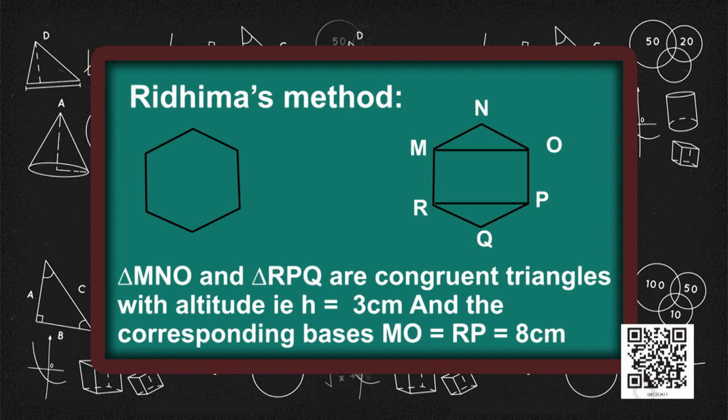By paper folding activity, she found out that triangle MNO and triangle RPQ are congruent triangles with altitude h equal to 3 centimeter, and the corresponding bases MO and RP are equal, which is equal to 8 centimeter.